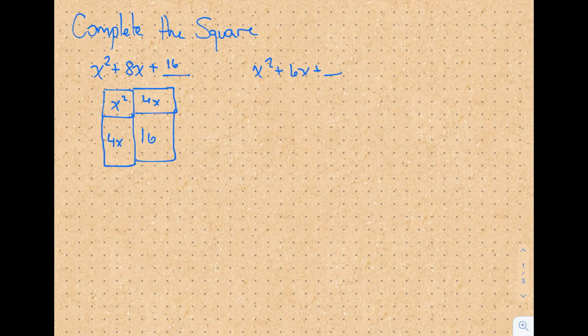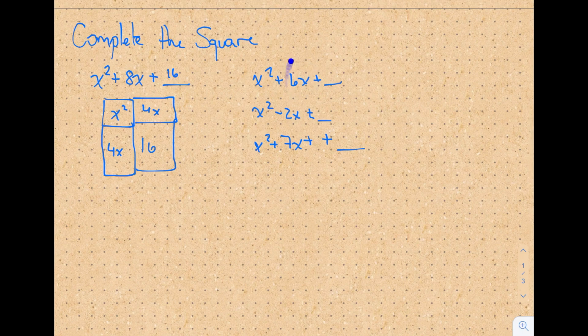So we look for what our general pattern is if we complete this a handful of times. We're ultimately concerned with our middle term, so that's 6. We'd have to divide it by 2 and square it. So in general terms, if we have x squared plus bx, we're going to divide our middle term by 2 and then square it.